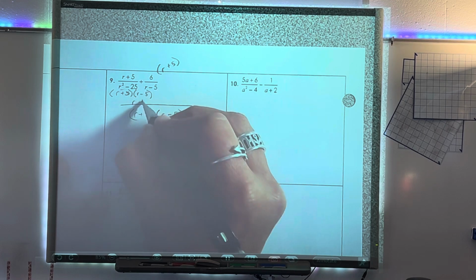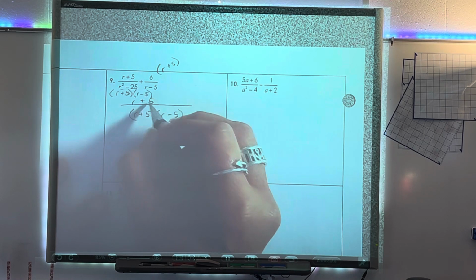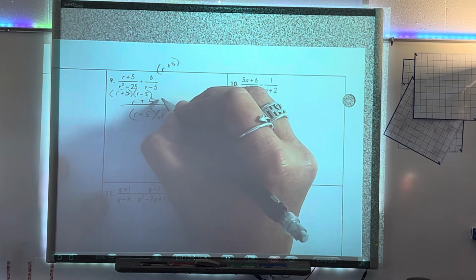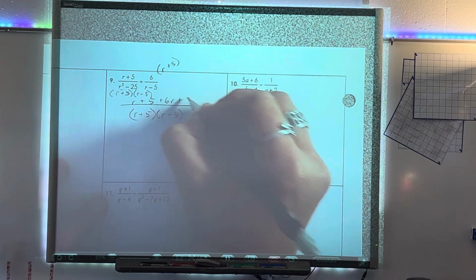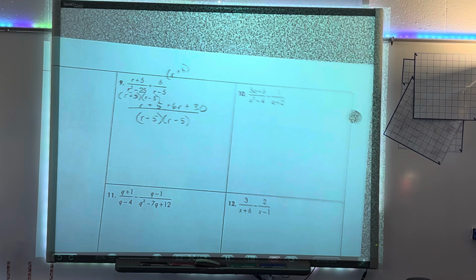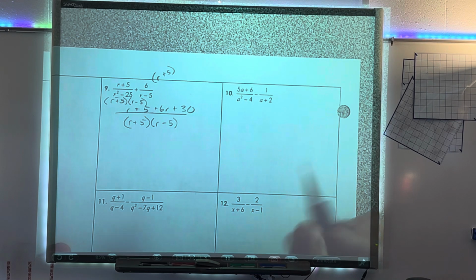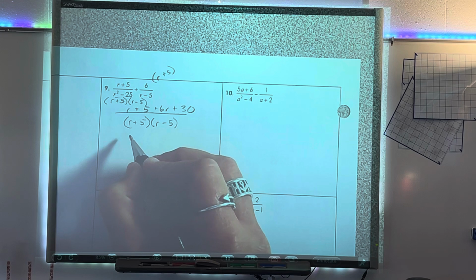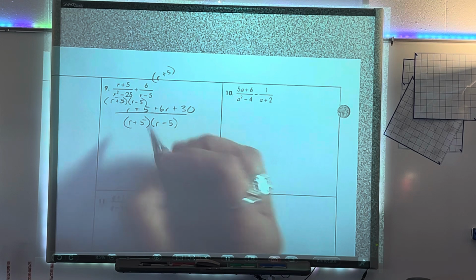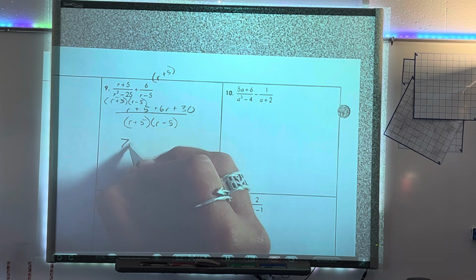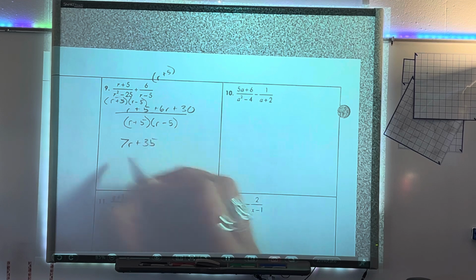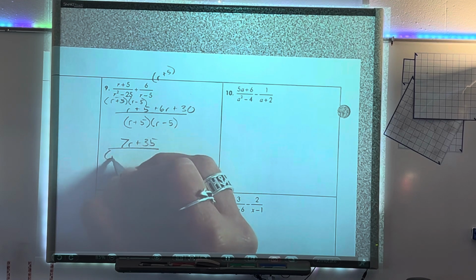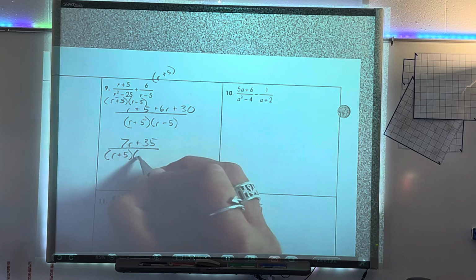And then this R plus 5 from up here is right here, and then what we have is 6R plus 30 there. Alright, now we can combine, looks like 7R plus 35 over R plus 5, R minus 5.